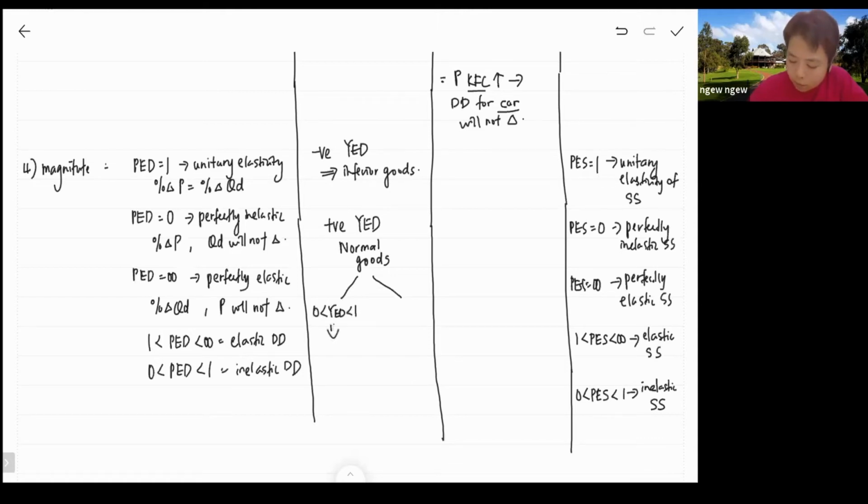This one, we call inelastic income elasticity of demand, okay, when the demand is income inelastic, and this is for basic necessities, where the percentage change in income will be greater than the percentage change in demand.